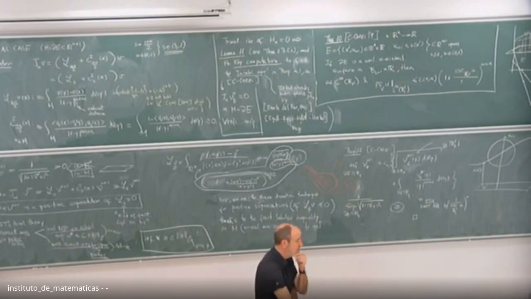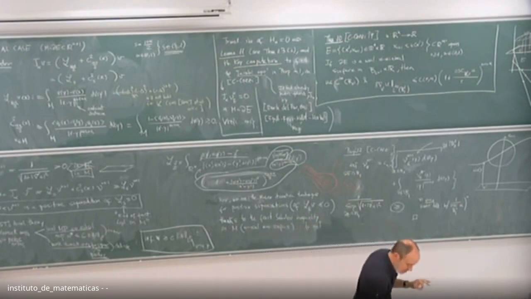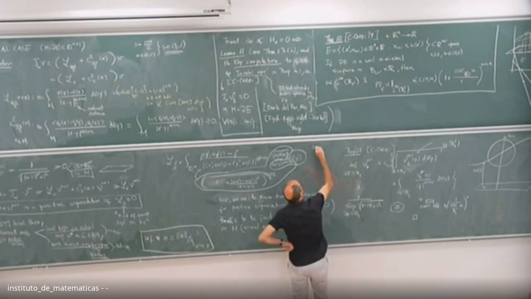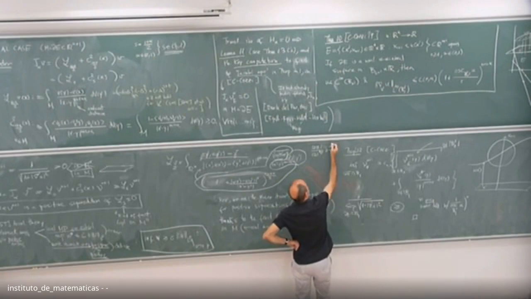Brendle did that the Euclidean isoperimetric inequality, with a constant, okay.